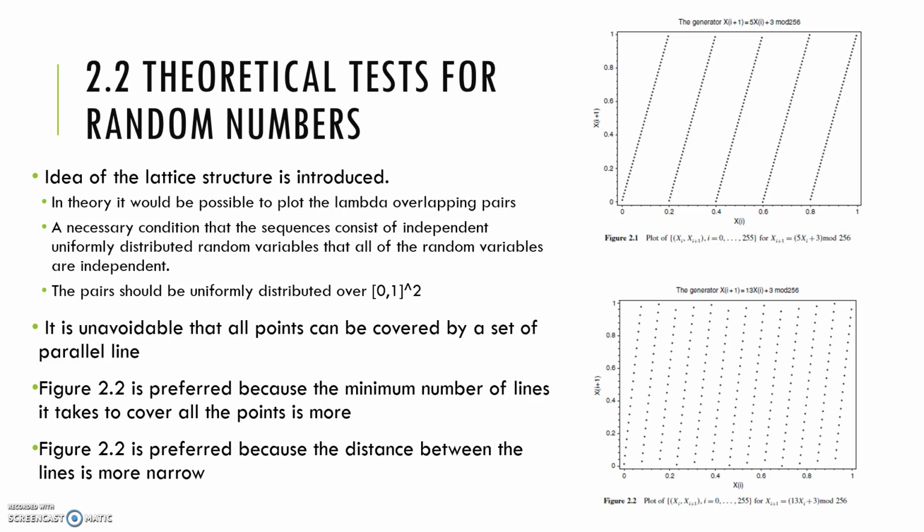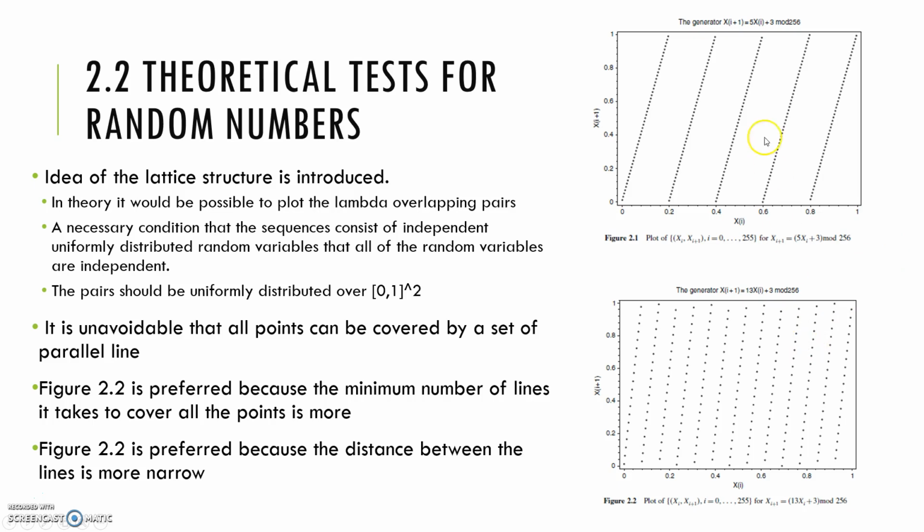And if you check out these two plots over here, these are two examples of it. And of course, it is unavoidable that all points can be covered by a set of parallel lines just because of the theory that I just talked about. And then you can see that figure 2.2, the one down here with more points, is preferred because the minimum number of lines it takes to cover all the points is much less than the one in figure 2.1.